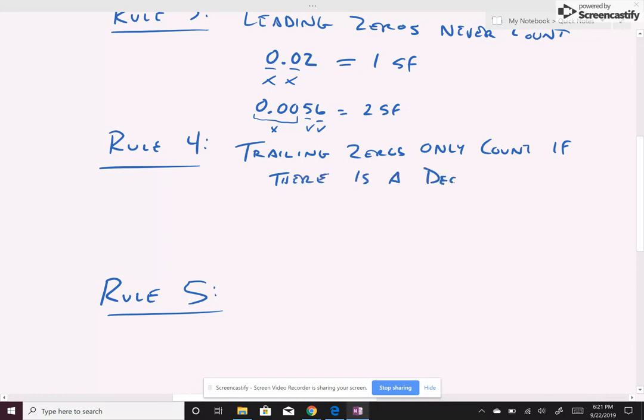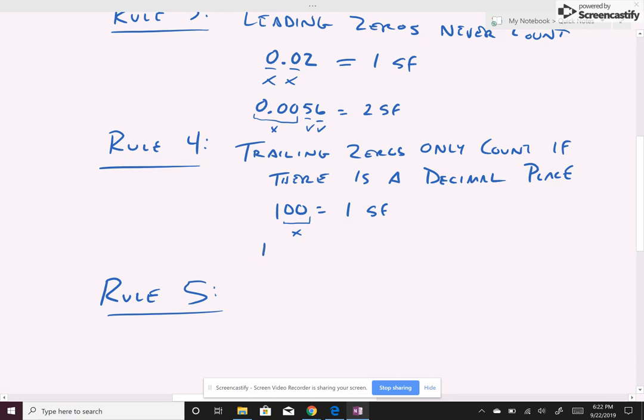And so what that means is if we're looking at a number like, I don't know, 100, both of these zeros, because there's no decimal point, don't count. So in this case, it's only the 1. So this number only has 1 significant figure.